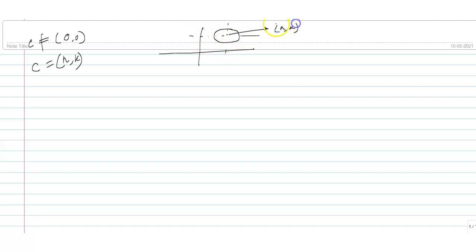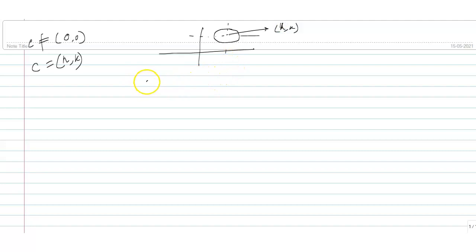Suppose the center of the ellipse is not the origin. Suppose the center is lying at (h, k), let us say this is the ellipse and this center is (h, k). How will the equation change?